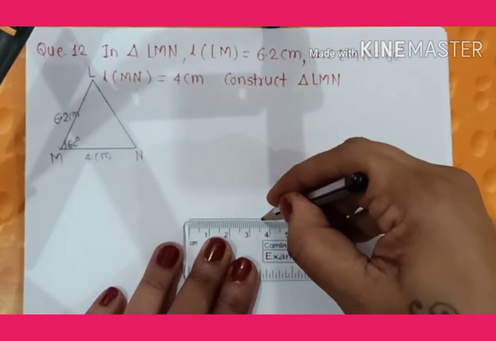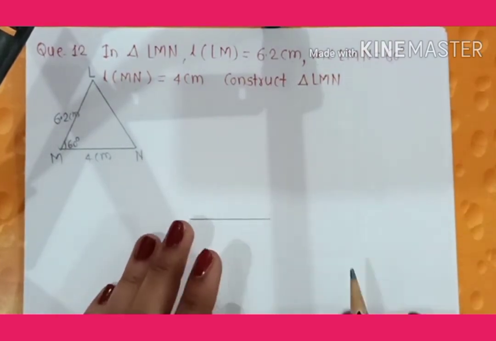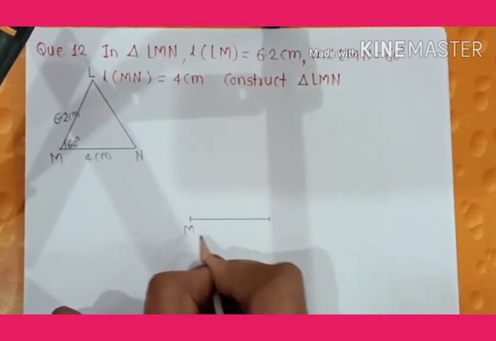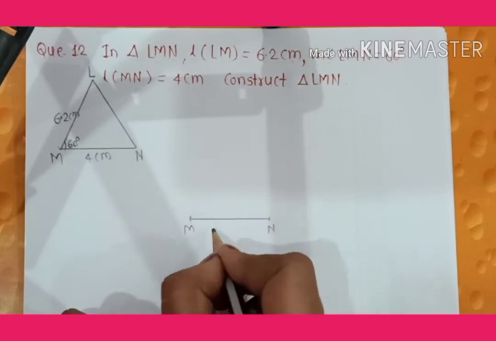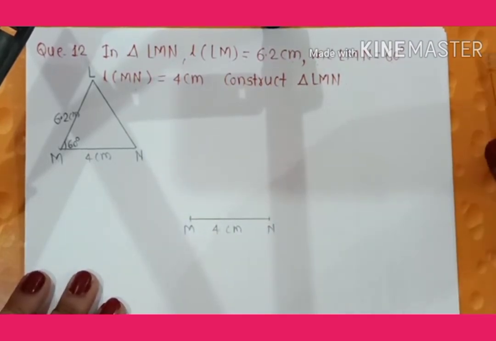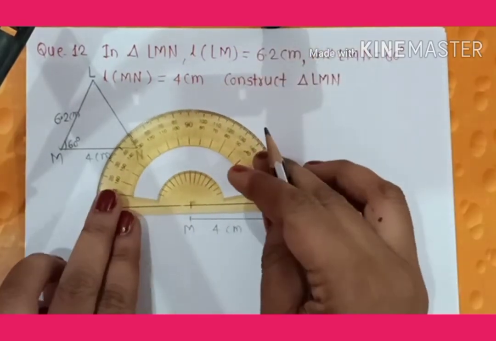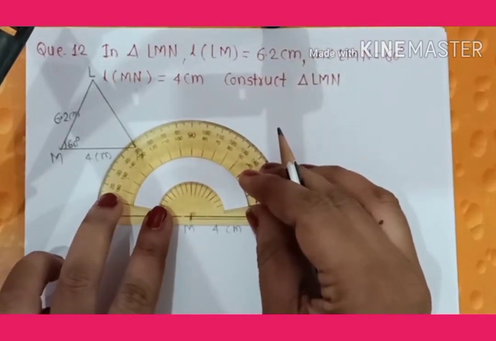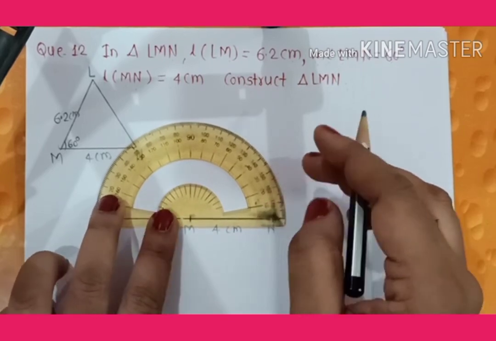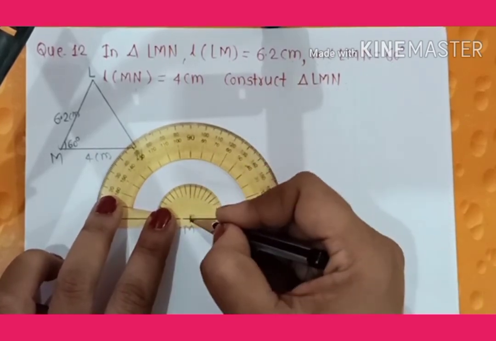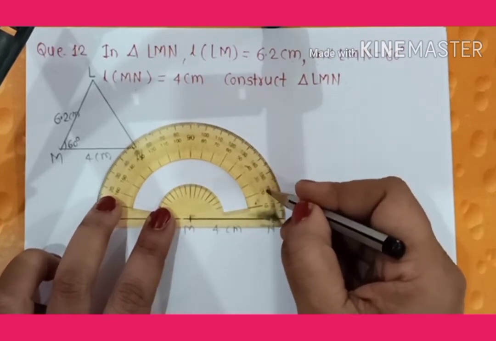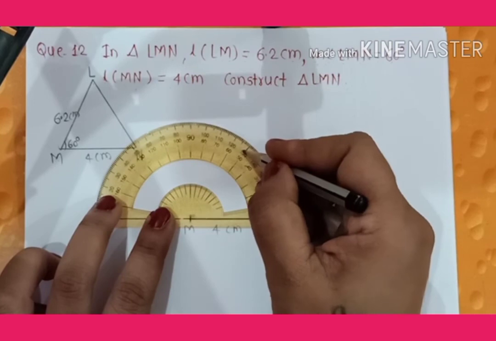Here we draw base segment MN. Length of the segment MN is 4 centimeter. Now using this protractor, draw a ray from this point M in such a way that angle M becomes 60 degree. 0, 10, 20, 30, 40, 50 and 60.